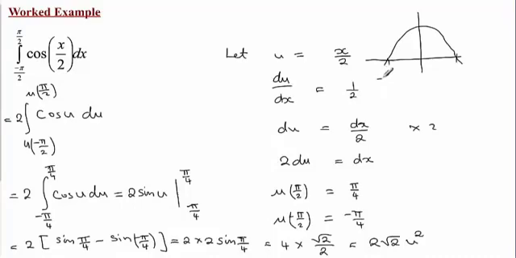So this will be, let's say, minus half pi to half pi. So the area we're talking about is this area between the horizontal axis x and the curve of the function, in this case f of x equals cos of x over 2.